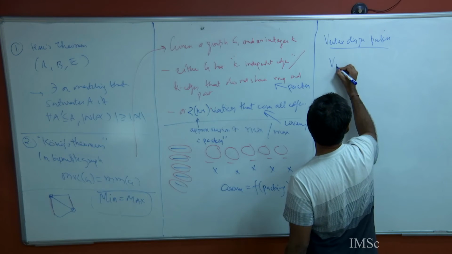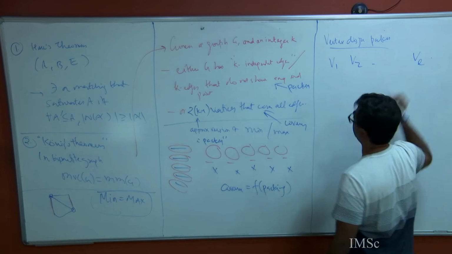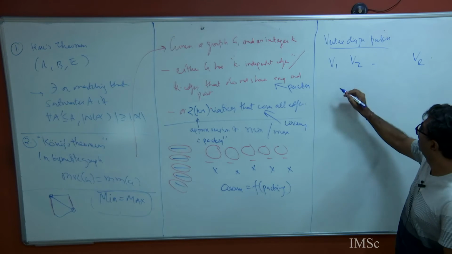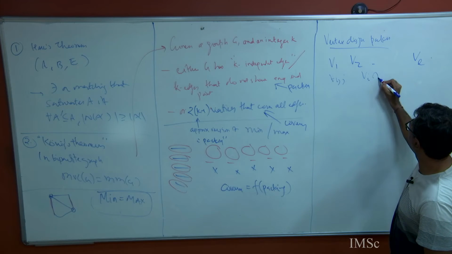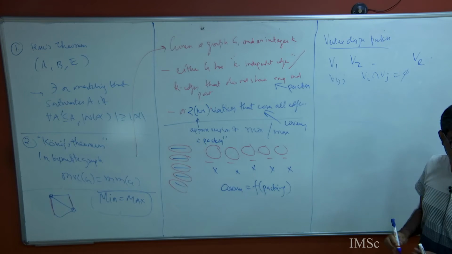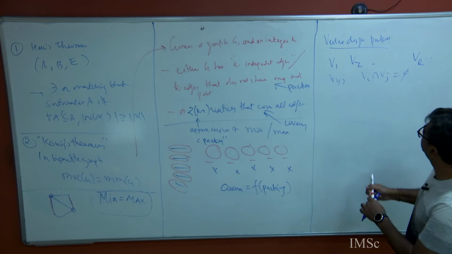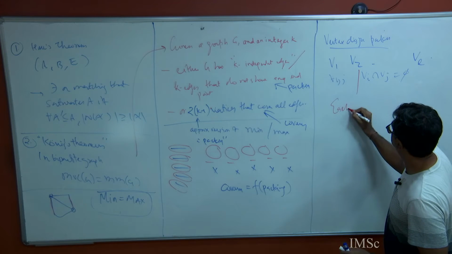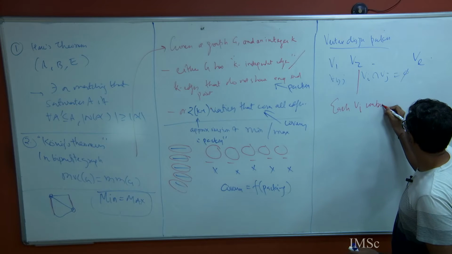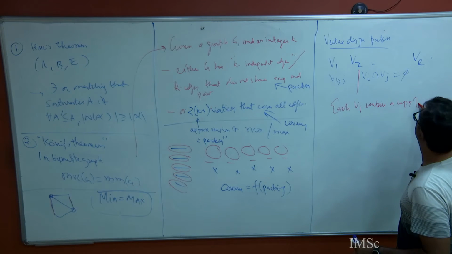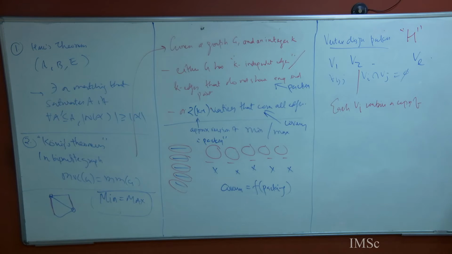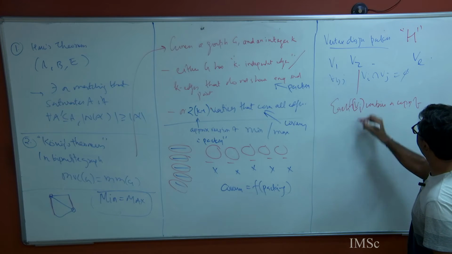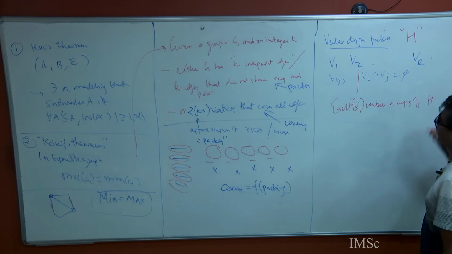It's a partition of the vertex set into V1, V2, ..., VL, which means that for all i, j, Vi intersection Vj is empty, and each of these Vi contains a copy of H. Suppose I wanted to vertex disjoint pack H. So every Vi, or each induced graph G[Vi], contains a copy of H.